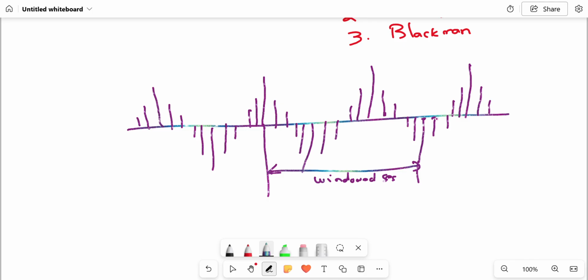Okay. So what do you mean by window? Because there are discontinuities, this window causes discontinuities.